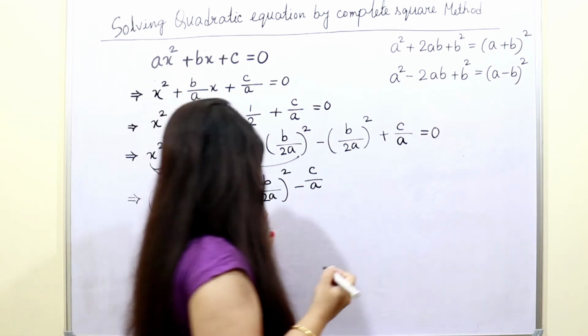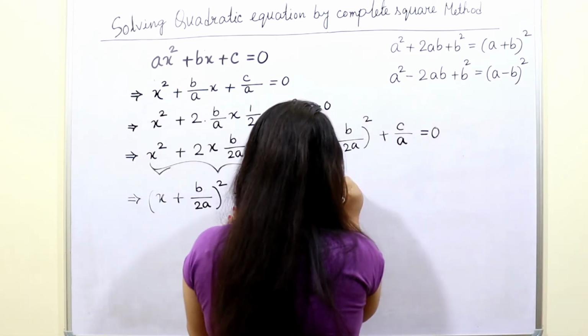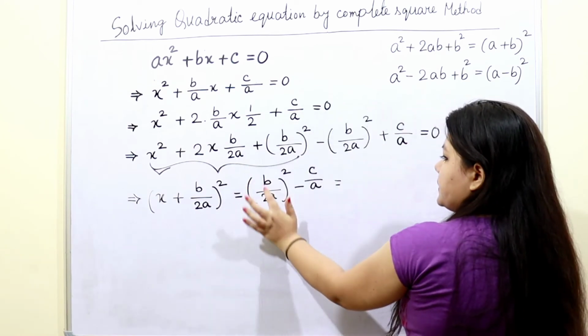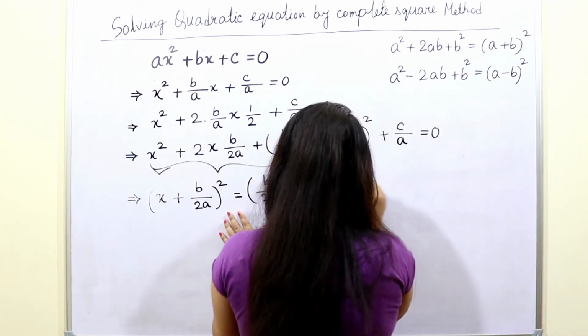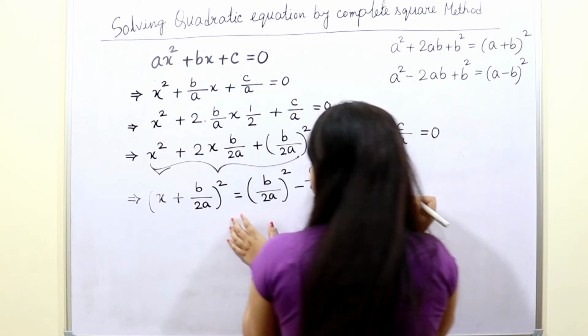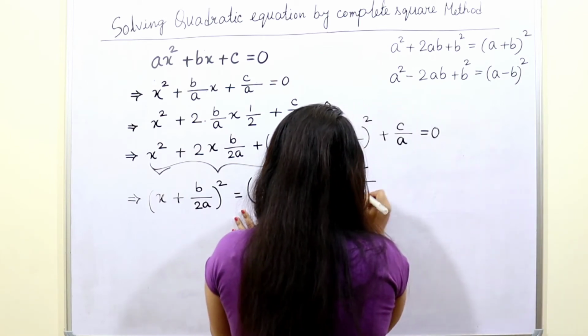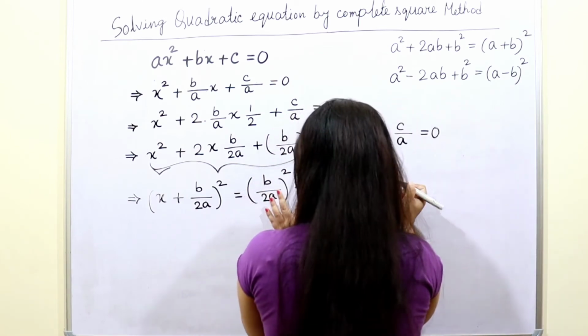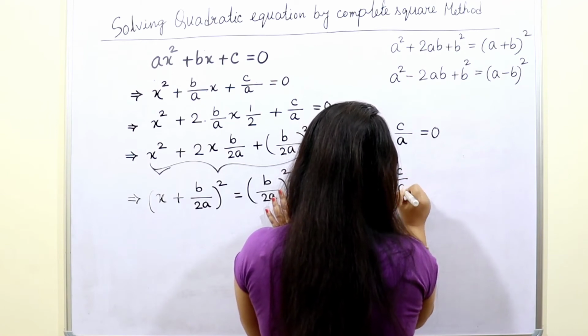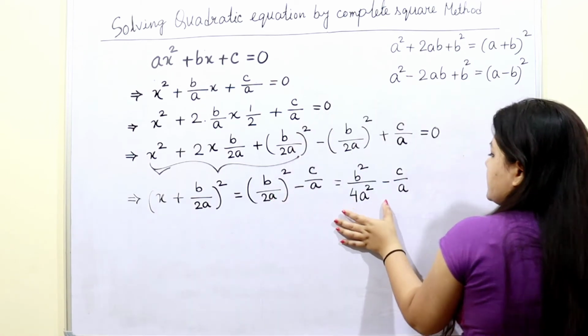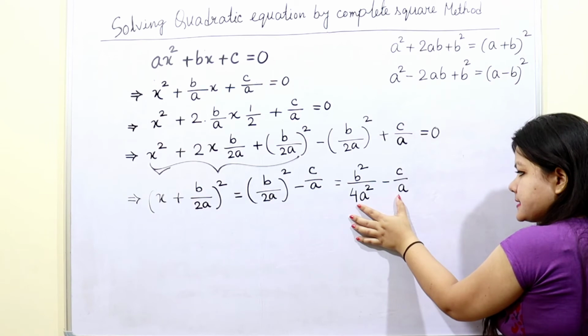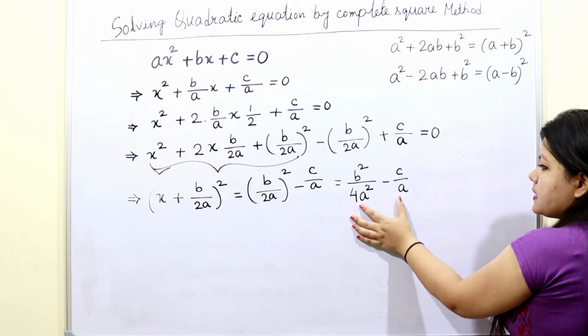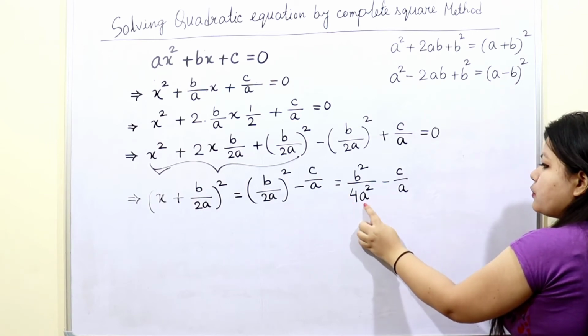Now let us simplify the terms. Here b by 2a whole square, that means it is b square divided by 4a square, then minus c by a. Again we can take the LCM value. So for the LCM value, the value will be 4a square.